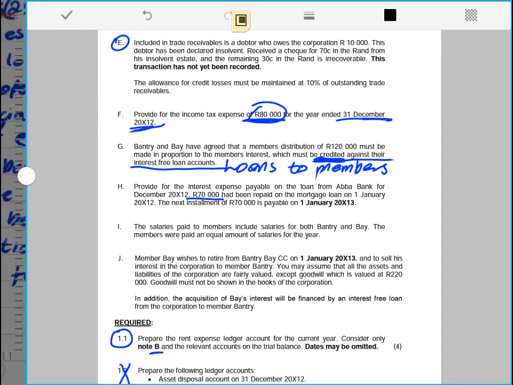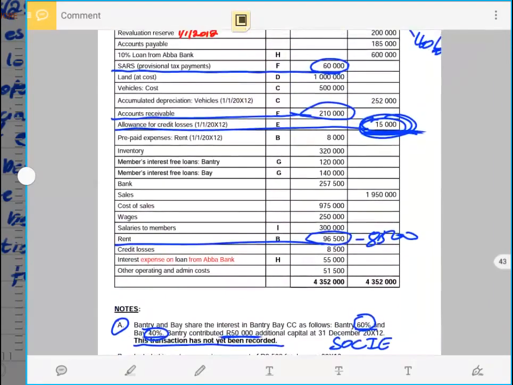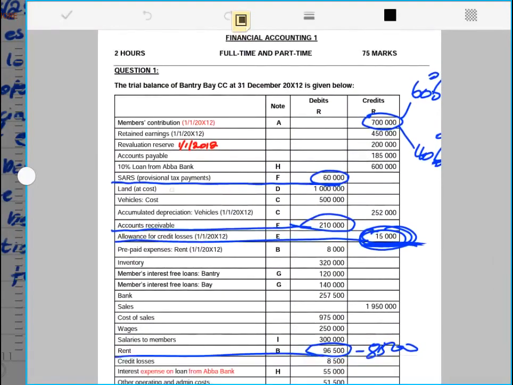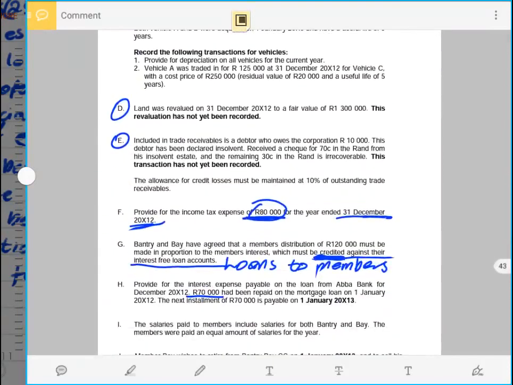And remember, when a payment takes place at the beginning of the year and gets recorded at the beginning of the year, it means the interest will be paid on the amount after the payment took place. So now it means the loan that we see in the trial balance already excludes the payment. The loan that we see, which is a loan of 600,000 rands, is after the payment of 70,000 rands that we see under this adjustment.